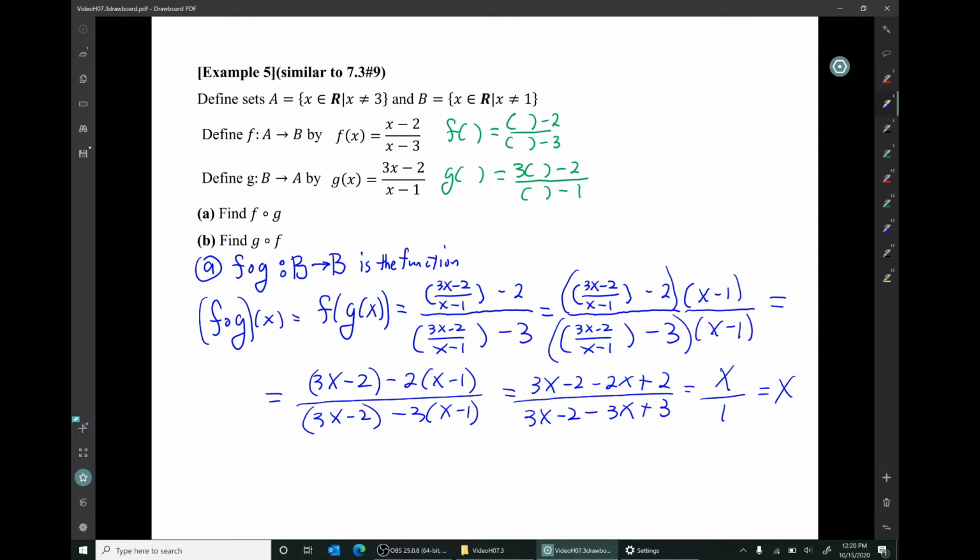So notice that f circle g is the identity function on the set B. That is, if I feed in any x that's in the set B, I get out x.